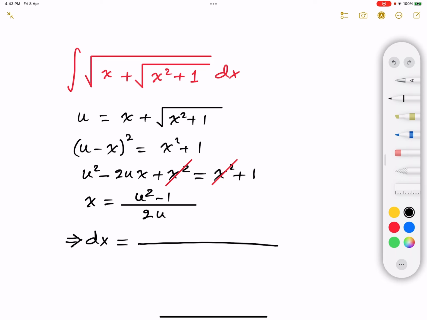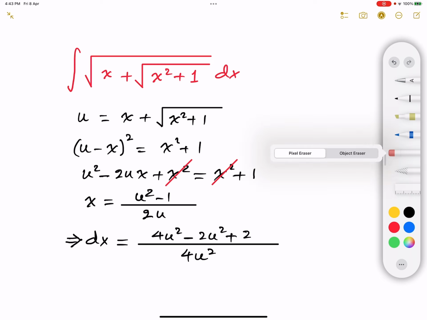To do that, this is going to be 2u multiplied by the derivative of the numerator, which is 2u, so that's going to give us 4u squared, minus the numerator, u squared minus 1, multiplied by the derivative of the denominator, which is 2, so that's going to give us minus 2u squared plus 2, divided by the square of the denominator, which is 4u squared.